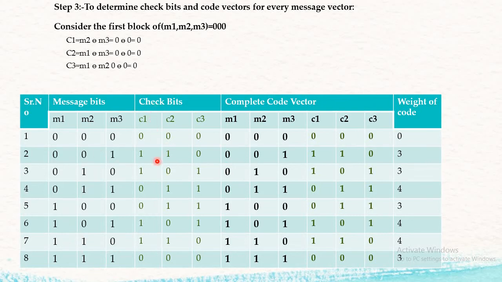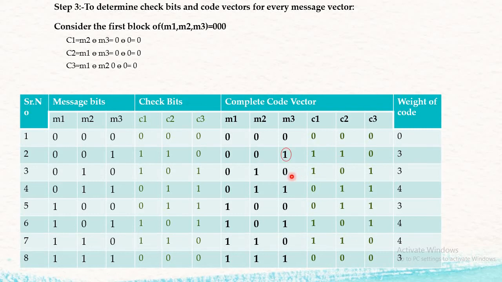In this way we get these values of the check bits, and the complete combinations are called code vectors. So a code vector is made up of two parts. The first part is the message bits and the next part is your check bits. Once the code words are with us, the second step is to find the weight of a code word. What is the weight of a code word? We know the weight of a code word is nothing but the number of non-zero elements present in that particular code vector.